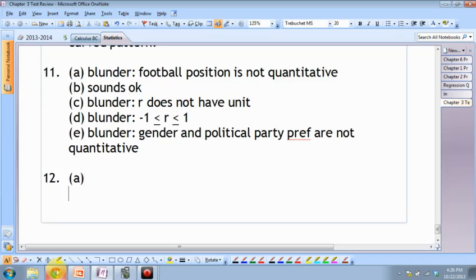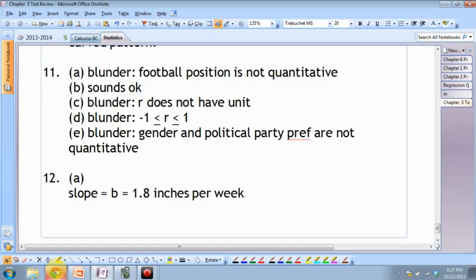Okay, so let's start with the slope, which is equal to 1.8 inches per week. Do I have to write slope equals b, or can we just put slope is? You can just put slope is.